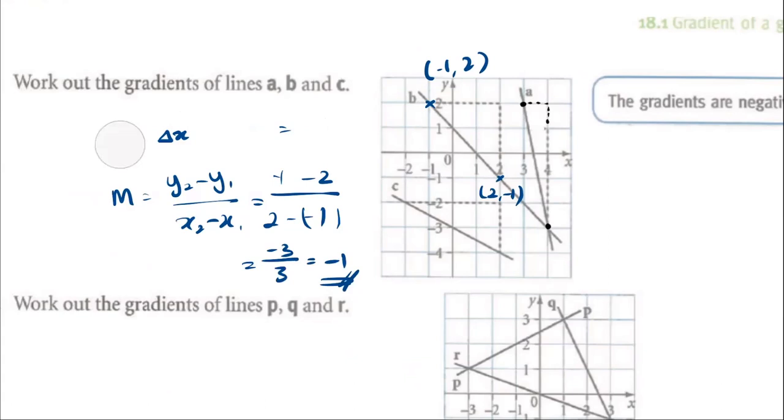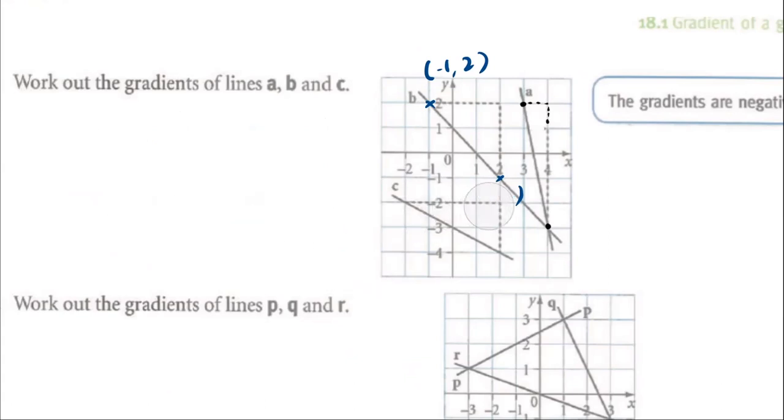So B done, let's look at C. Move it. 1, 2, 3, 4, 1, 2. So you can see the gradient is supposed to be negative 2 over 4, negative 0.5.